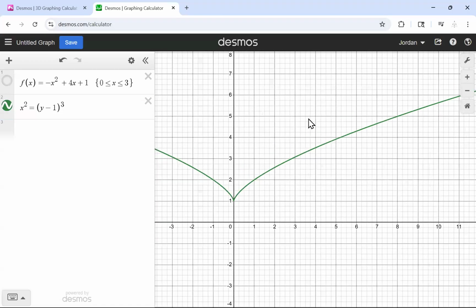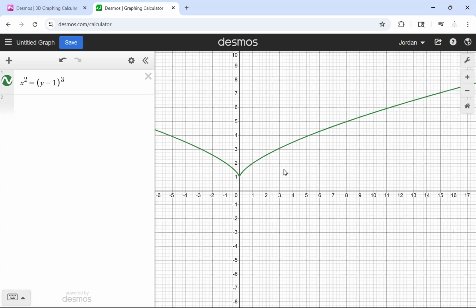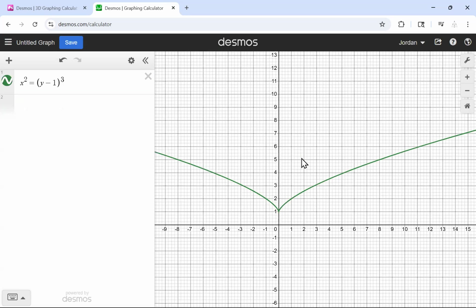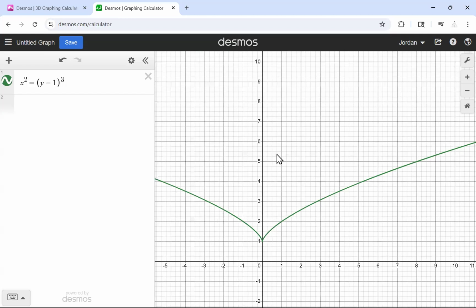Just for the sake of saying that we've seen it, by the way, this x squared equals y minus 1 cubed, or y minus 1 cubed equals x squared, it actually looks like this. This curve kind of has a point at 0, 1. Some people, when they're kids and they draw birds in the sky real quick, they make them look a little bit like that.